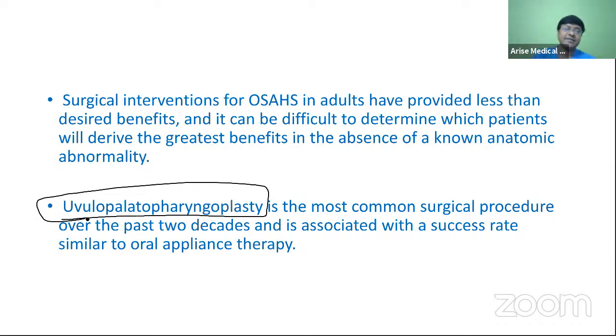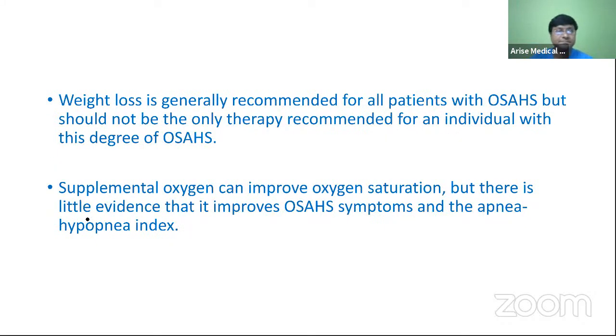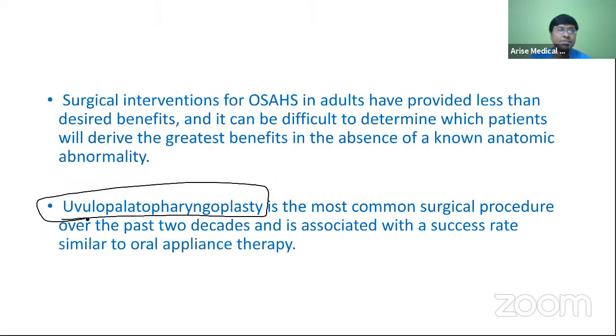This is the most common surgical procedure over the past 2 decades and is associated with a high success rate similar to that of oral appliance therapy. Which one? That is uvulopalatopharyngoplasty, right? So this is a very ideal method. And weight loss, definitely yes, it has to be recommended in patients with obstructive sleep apnea syndrome, right?